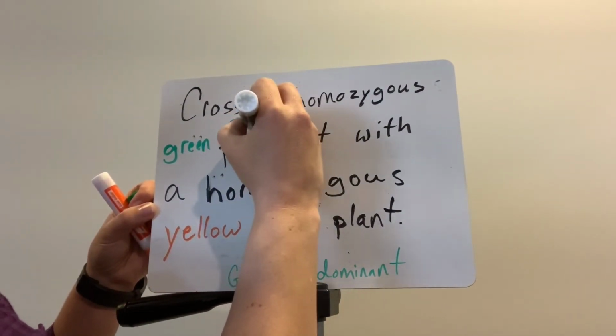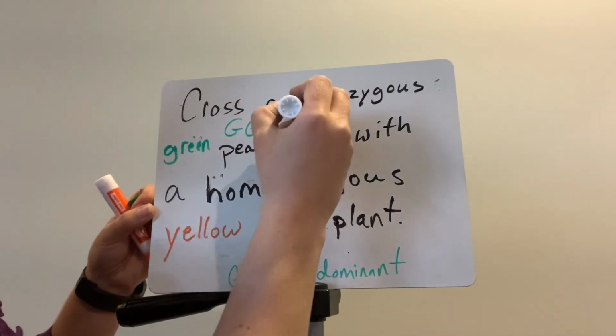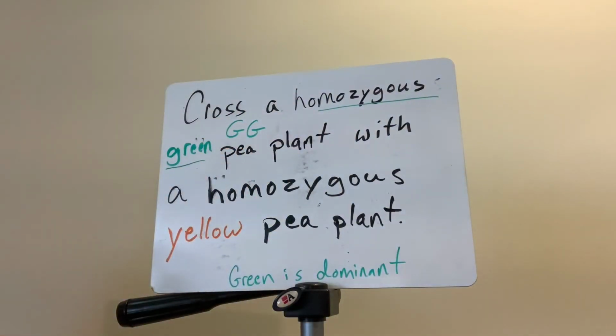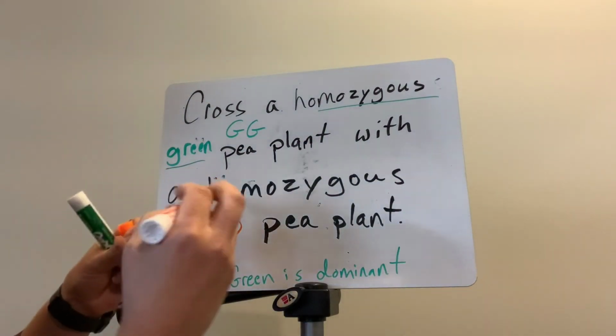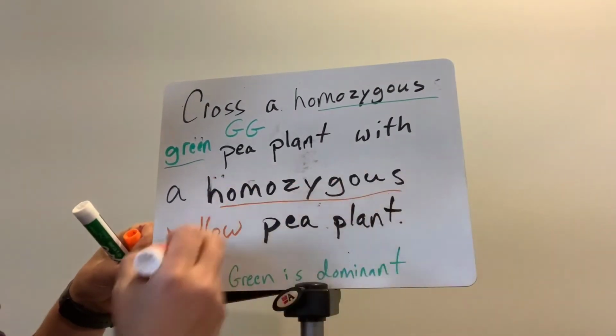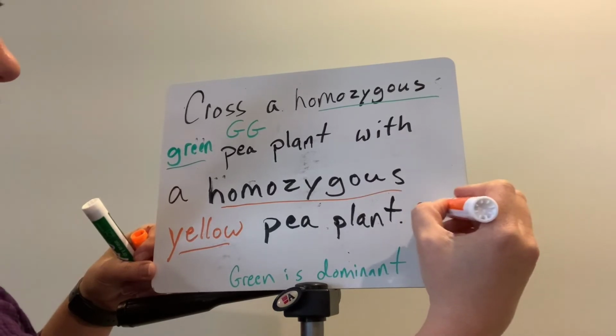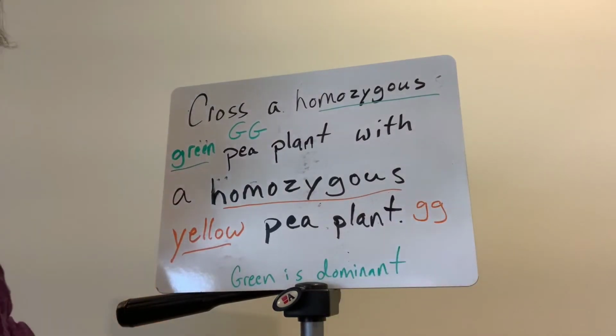Capital G for this pea plant here. And homozygous, again, same two letters. Homozygous yellow, in this case, is going to be lowercase g, because it's the recessive trait.